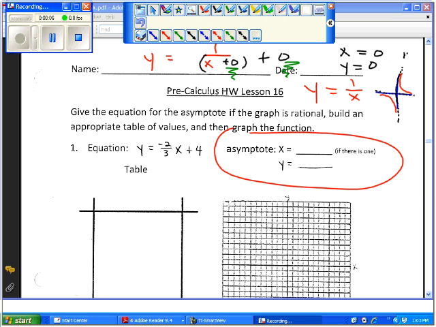If we were to change that to y equals 1 over x and then add 2, what would happen? It would shift up 2. I think I said that backwards. Vertical shift, horizontal shift. Maybe I said that backwards a while ago. I don't remember how it came out of my mouth.